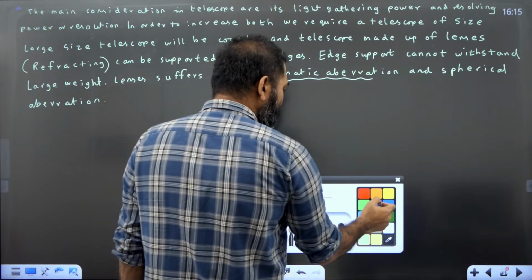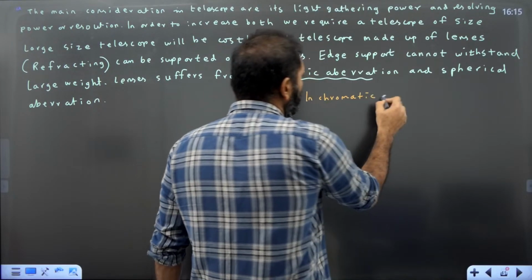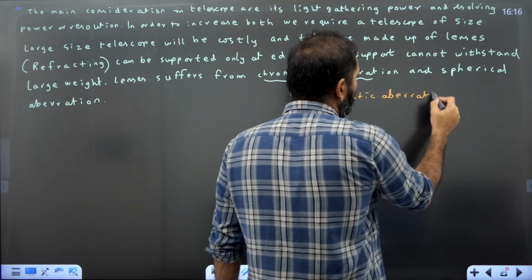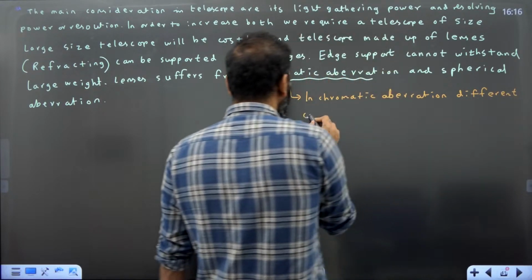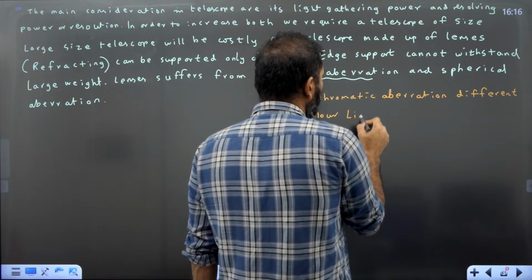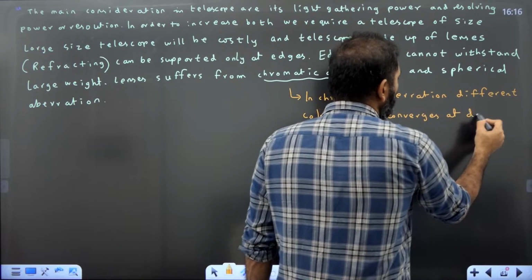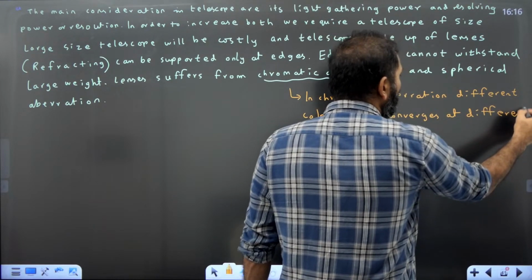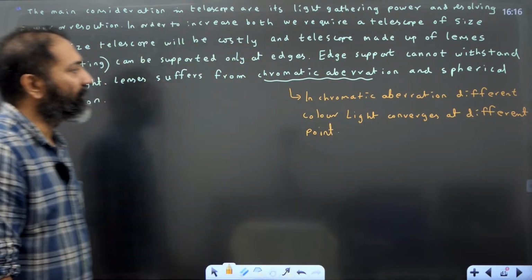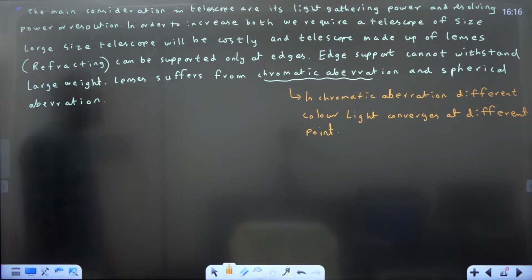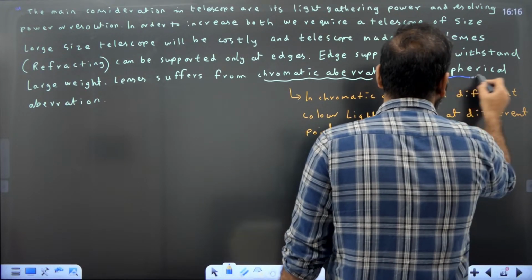It's not in your syllabus. In chromatic aberration, different color light converges at different points. Spherical aberration, we already know what is spherical aberration.